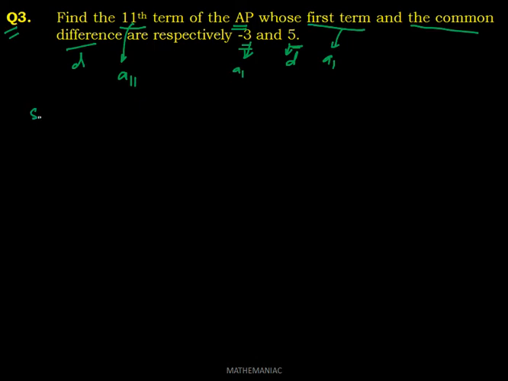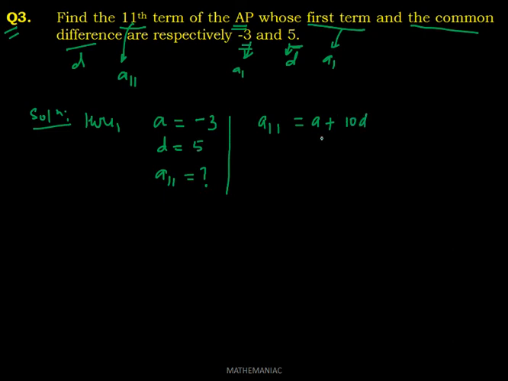So now if you try to write here A, right? A is the first term, A is this, then D is 5, and A11 is what? Now can you use the formula for AP? We have already used it. It is A plus 10D. Why 10D? Because it is n minus 1, right?